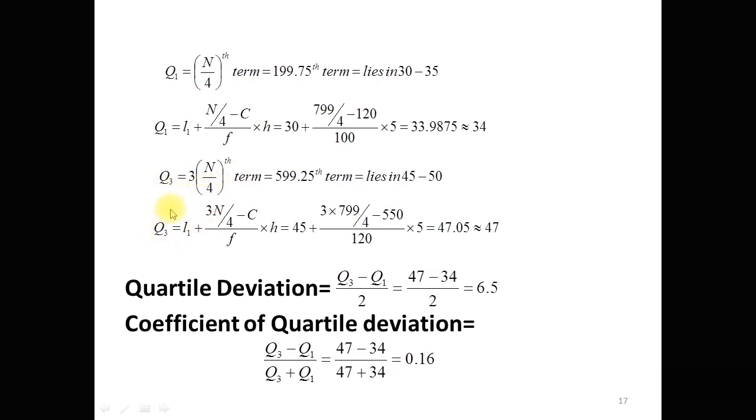Similarly, the formula for Q3 is like you see over here: L plus 3n by 4 minus c, divided by f, multiplied by h. Here L is the lower limit of the class in which Q3 lies, 3n by 4 is the position of Q3, c is the previous cumulative frequency of the class in which Q3 lies, f is the frequency of that class, which is already given, and h is the step size.